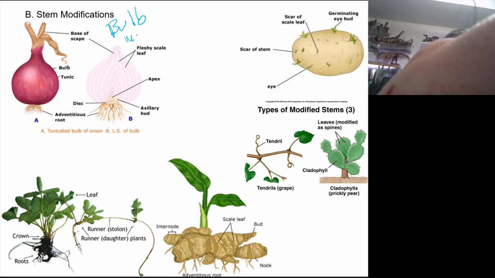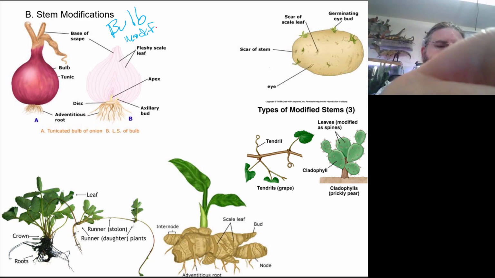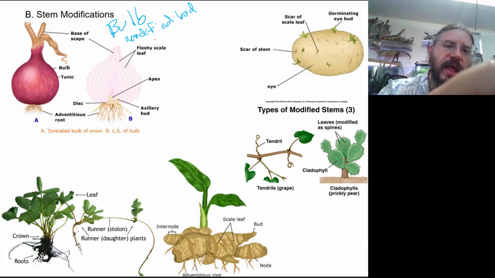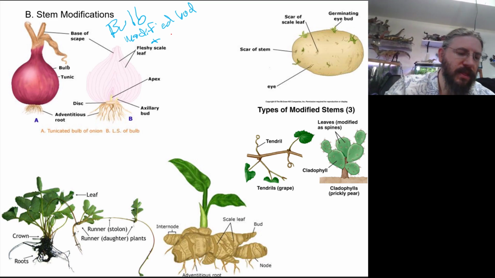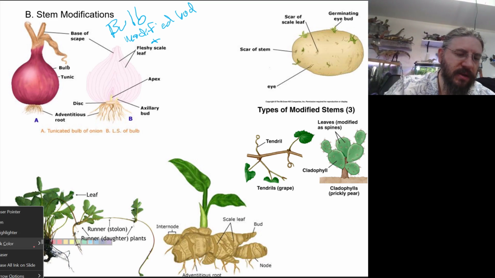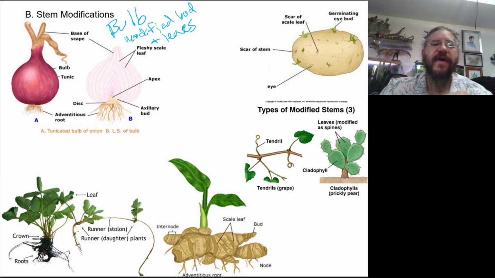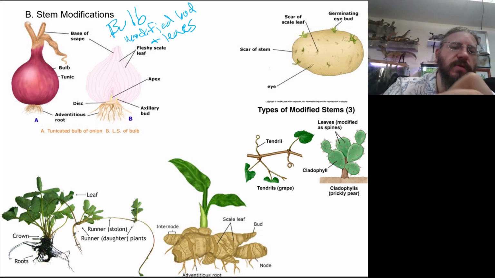So a modified bud and leaves. Modified bud and leaves. Not too terrible. So that's a stem modification that we refer to as a bulb.